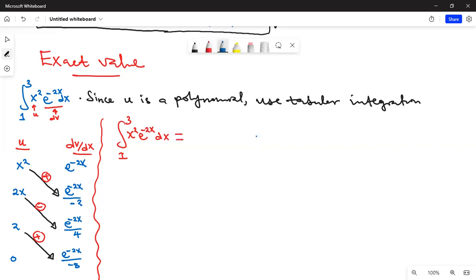That first arrow means that the sign is positive, then x squared times exponential negative 2x over negative 2.